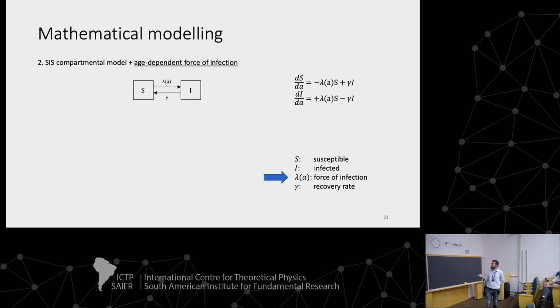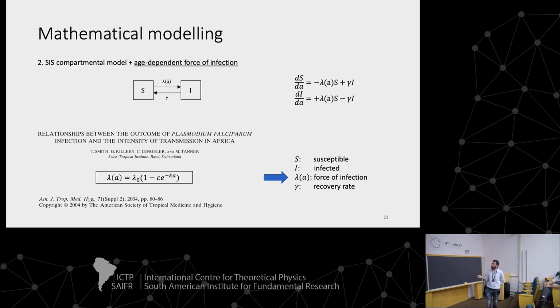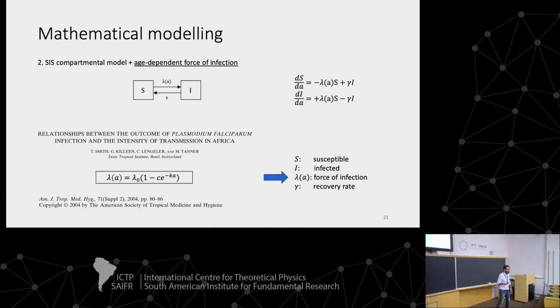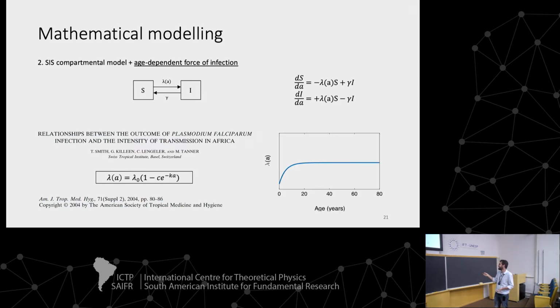Introducing the age-dependent force of infection, we went to the literature and got this formula that correlates the body surface with the probability of getting infected. So it means that if a child that is much smaller than you is close to you, and then comes a mosquito, just because he or she has a very small body surface, is going to have a lower probability to get bitten. So this formula has this shape.